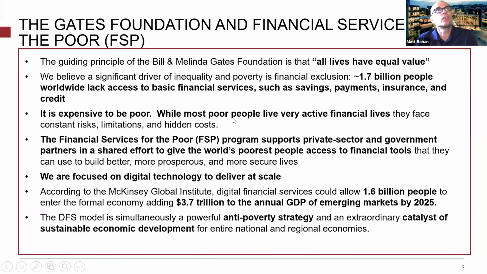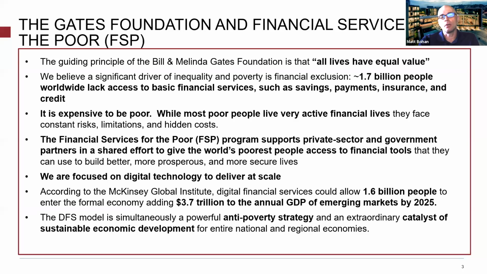So, getting into the details of how we look at the world, a guiding principle for us is that all lives have equal value. And we think a big driver of poverty and inequality is financial exclusion. There are about 1.7 billion people worldwide who lack access to basic financial services such as savings, payments, insurance, credit, etc. And it's quite expensive to be poor.